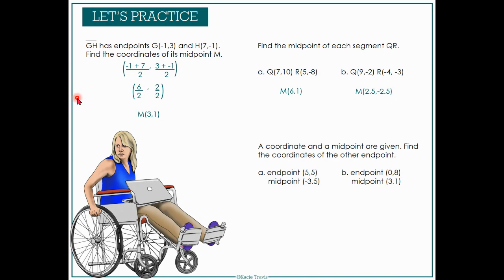All right. Now our next one, we're trying to find the other endpoint given the midpoint. So look at your 2 points here. I see my endpoint and my midpoint both have the same y value. Since these both have the same y value, I can think that my other endpoint will have that same y value also. Then I look at my x values.